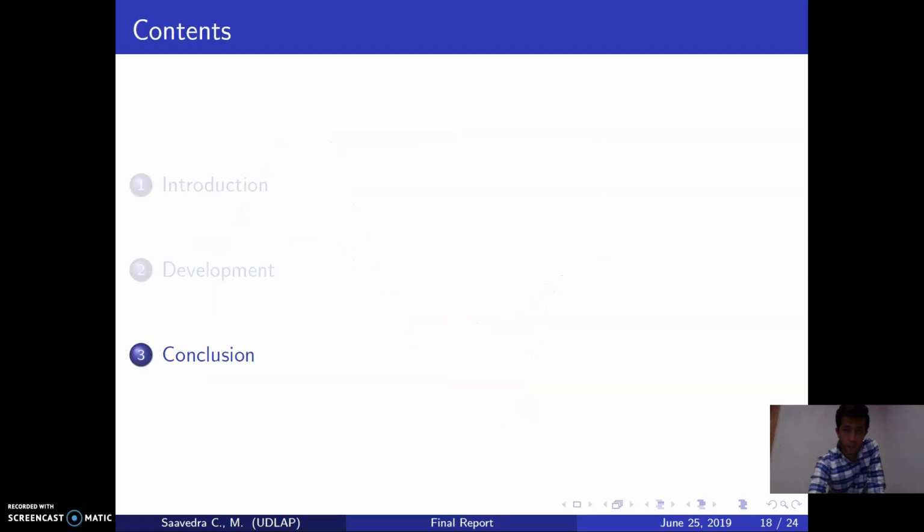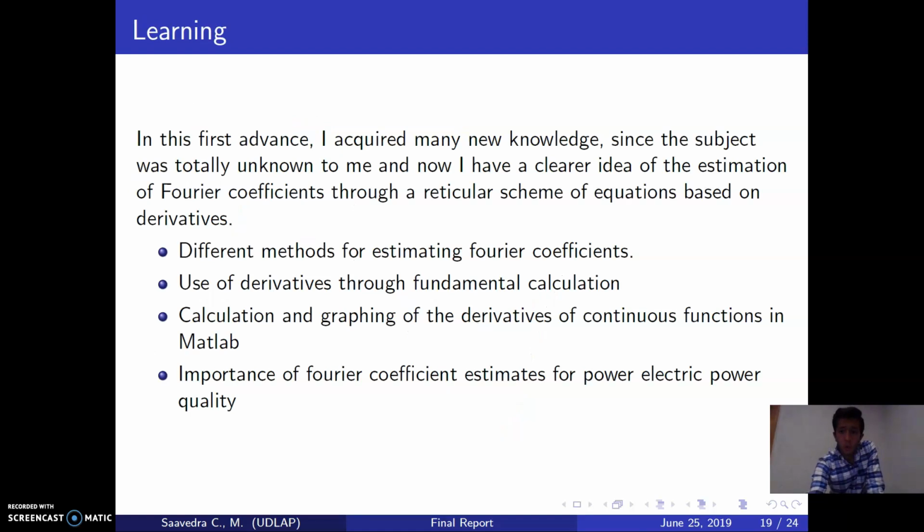So what I've learned: I acquired a lot of new knowledge because this subject was totally unknown for me. But now I have a clear idea of the estimation of Fourier coefficients through these reticular schemes or series of equations based on these derivatives.